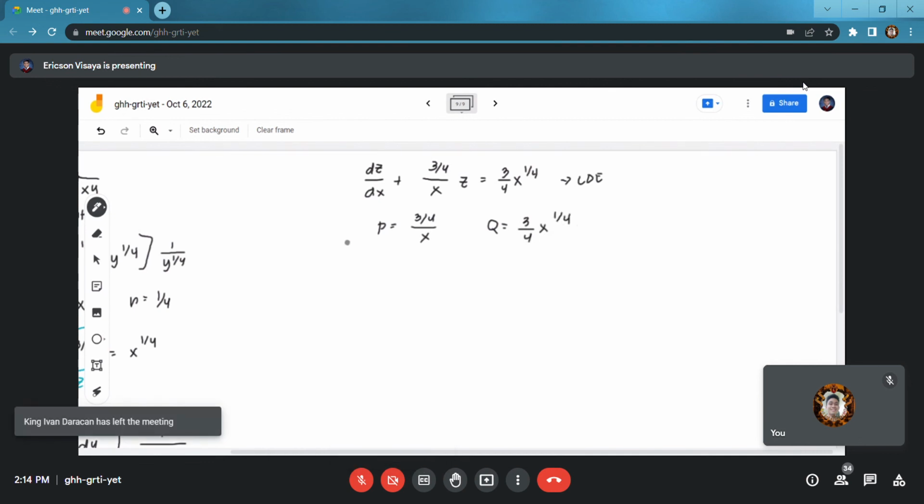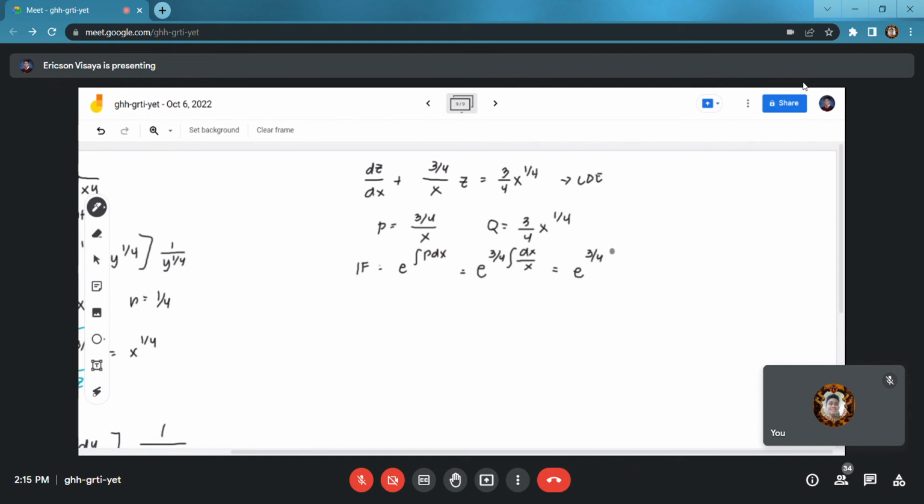Pagkatapos ito, kailangan natin kunin ang ating integrating factor. That is e raised to the integral of p dx natin, wherein ang p natin ay 3/4 over x. Pinactor out ko na agad yung 3/4, 3/4 the integral of dx all over x natin. So, yan ay equal to e raised to 3/4 times the integral of dx over x, that is ln x. And pasok natin sa loob si 3/4. So, bali e raised to ln of x raised to 3/4, yan ay equal to x raised to 3/4.